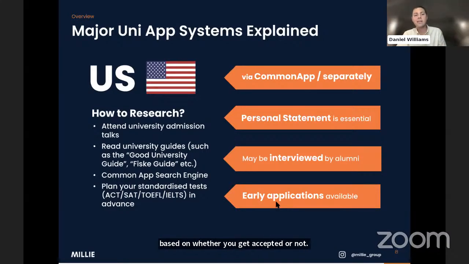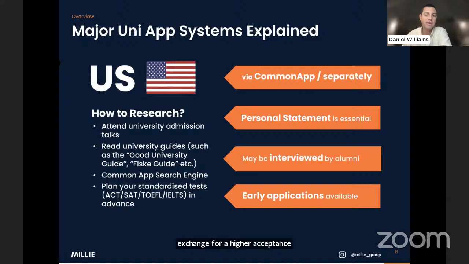There's also early decision in the US. Early decision is a legally binding commitment that you make to a university, saying that if you admit me, I promise to withdraw all the other applications from my other universities in exchange for a higher acceptance rate.